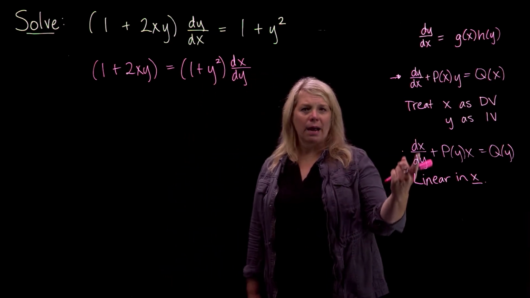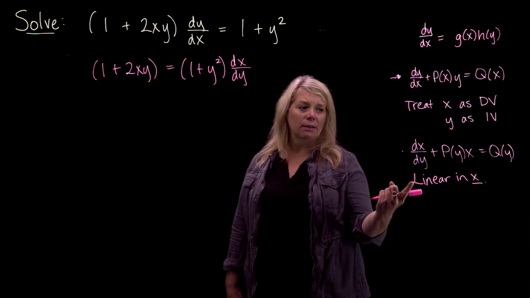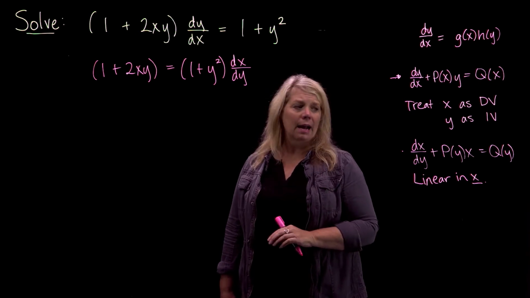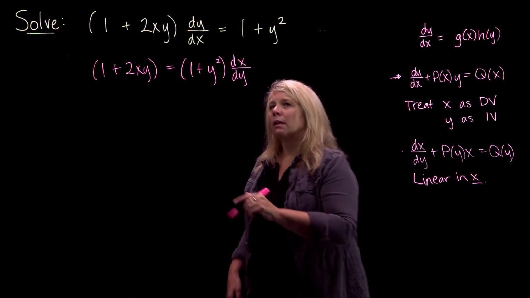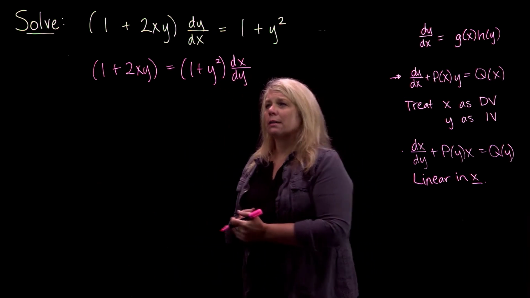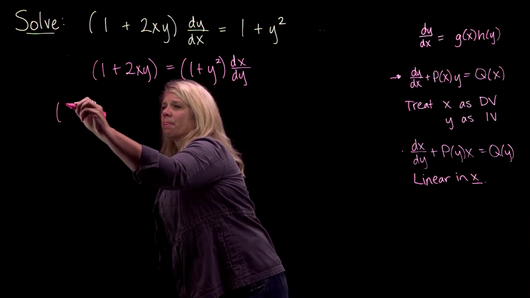So I've now got my differential equation in terms of dx over dy instead of dy over dx. And then I need to do a little bit of rearranging so that I can get it in this form. I'm going to move all the terms involving x to one side of the equation.